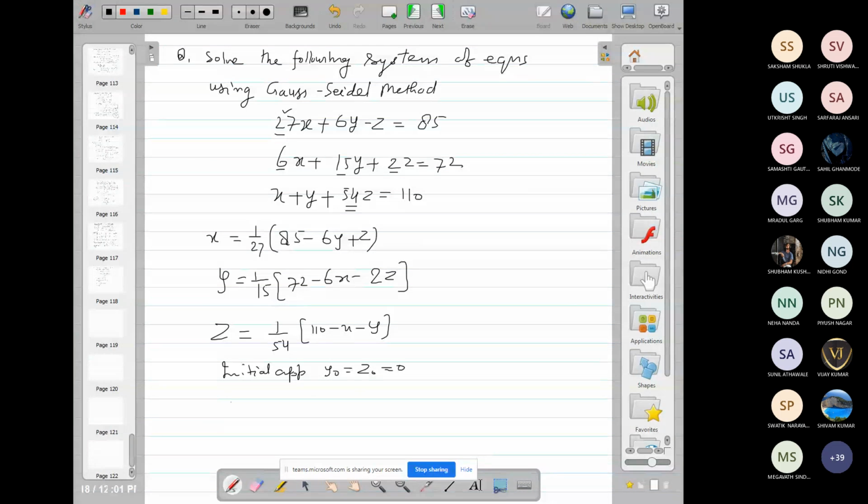Then we obtain the first approximation x1.